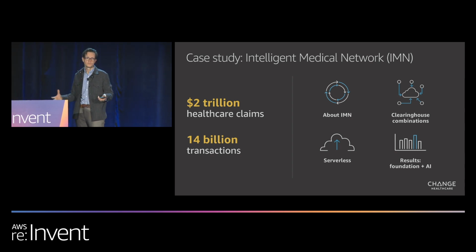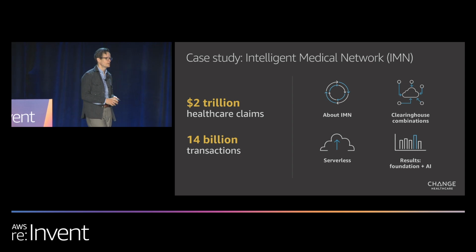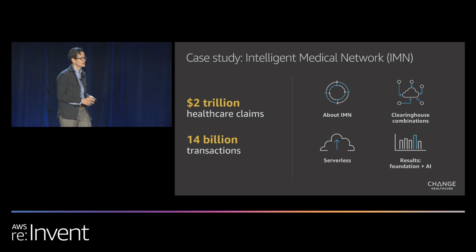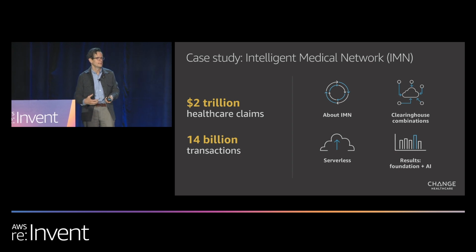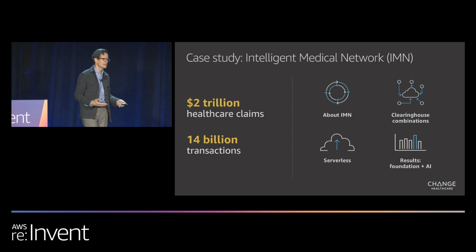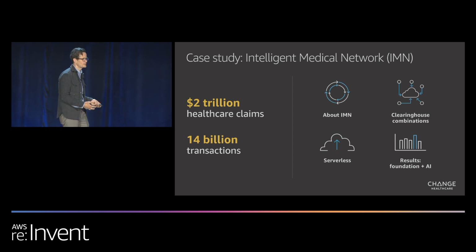The bulk of Change Healthcare from an interoperability perspective are our administrative transaction platforms. These are the things that do eligibility, claiming, remittance, all the mechanics involved with getting you paid and getting your providers paid for services rendered when you go receive care.